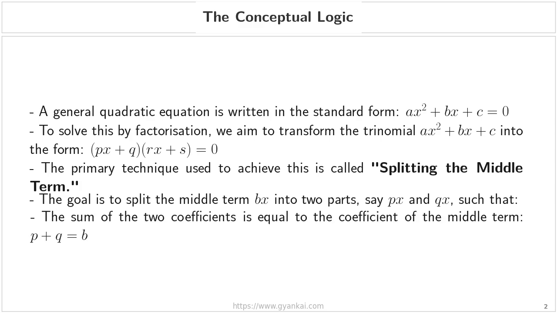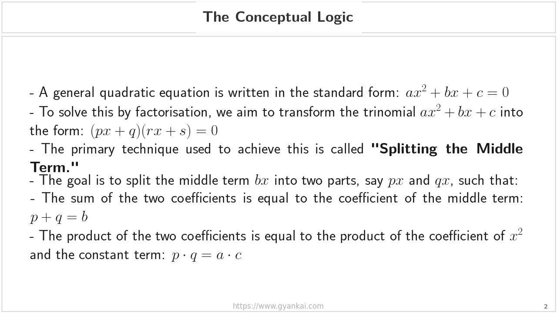First, when you add them together, their sum must be exactly equal to the original middle coefficient, b. And second, when you multiply them together, their product must be equal to the product of the coefficient of the x squared term and the constant term, in other words, a times c. Mastering this relationship is the secret sauce to solving almost any quadratic equation using this method.